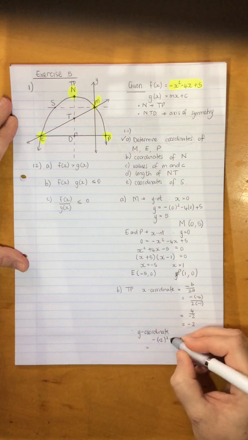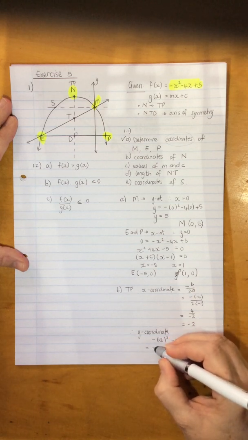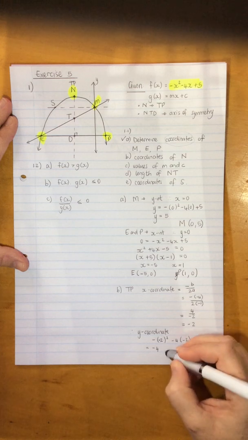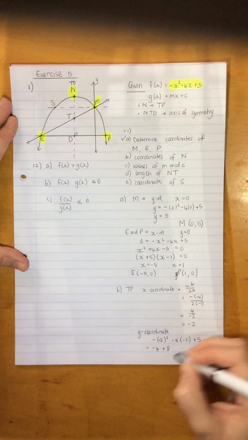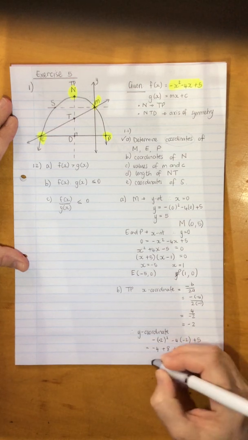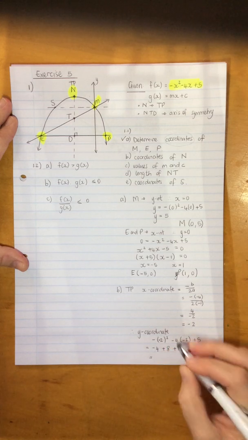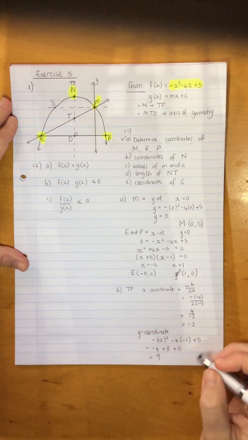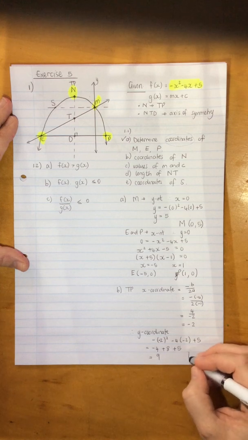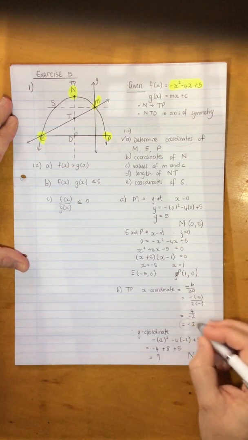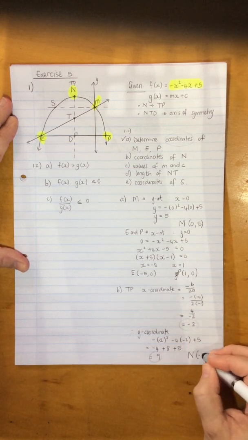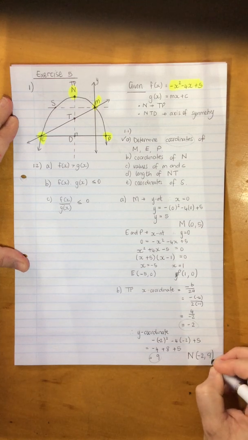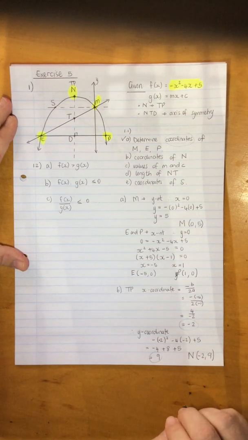So that will work out to be minus 4, plus 8, plus 5. My answer is 9. So therefore N will have coordinates of minus 2 and 9.